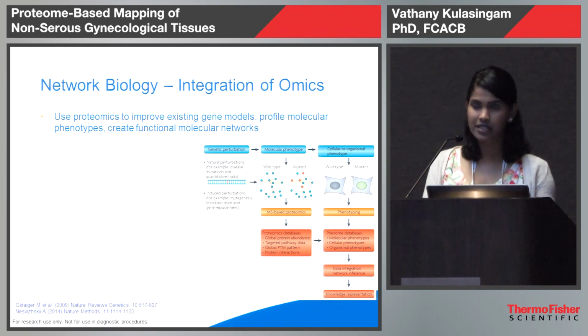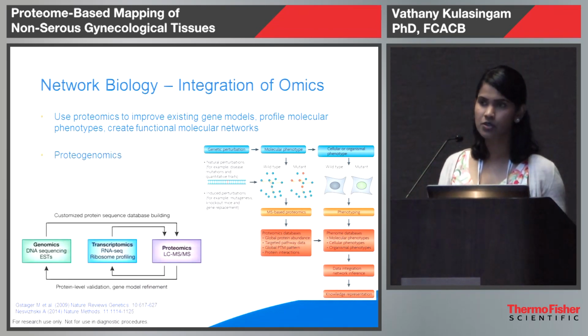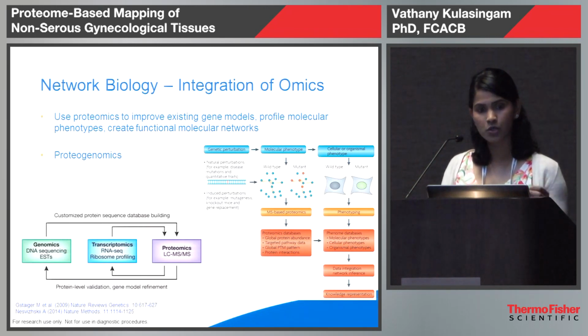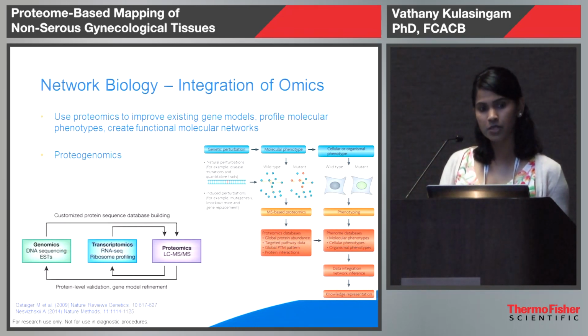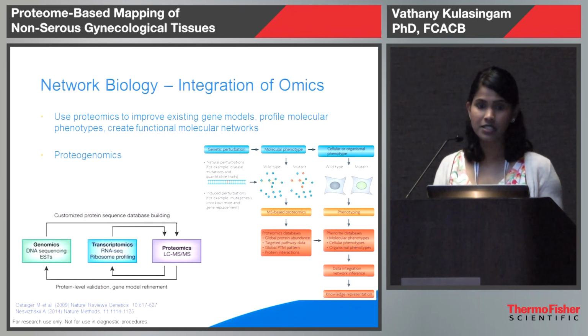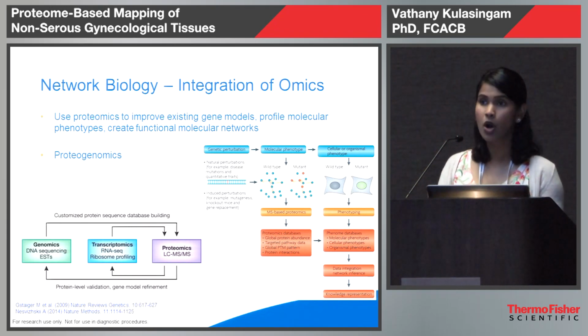Another really exciting field that we're moving into is what's called proteogenomics. It's a field that uses proteomic information obtained from mass spectrometry to improve gene annotations, or the reverse. You can customize protein sequence databases based on DNA sequencing information for that sample, or you can perform protein-level validation and gene model refinement.